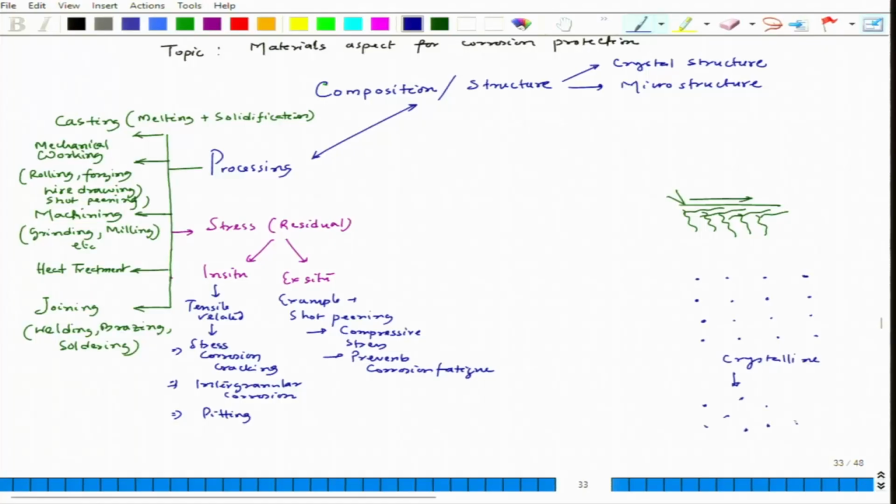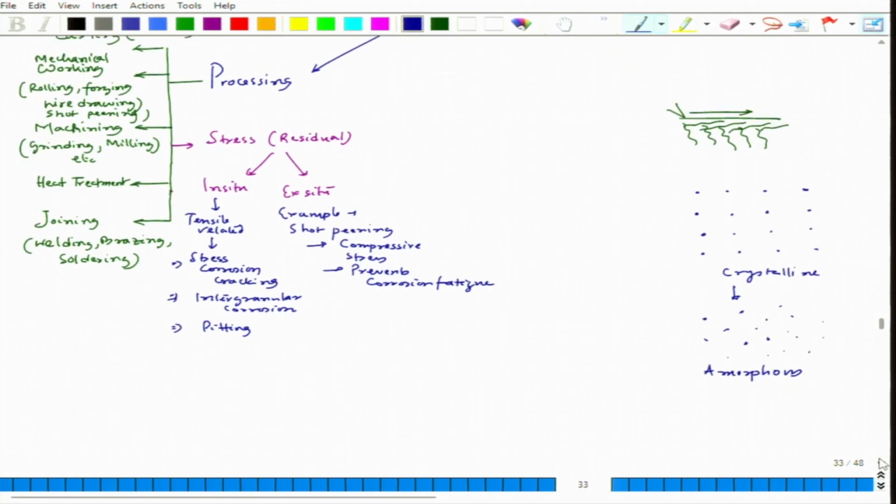But the material is actually solid because it has a very high degree of viscosity, so shear movement of atoms is prohibited or very sluggish. So, we call it solid, but with the structure we consider it to be amorphous. The atomic arrangement would be very irregular, but it will be solid. So now we have this crystalline to amorphous structure, and this happens because of the application of stress.